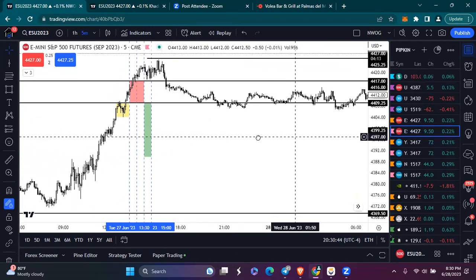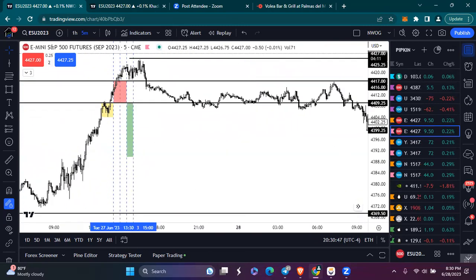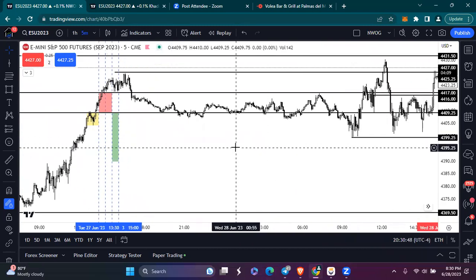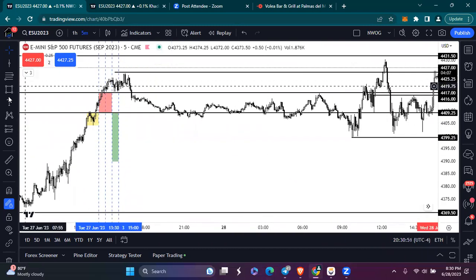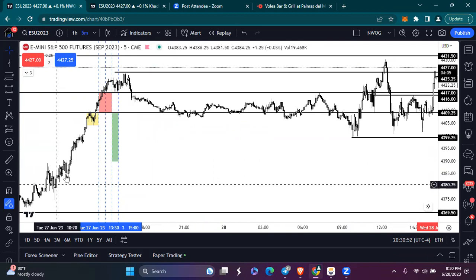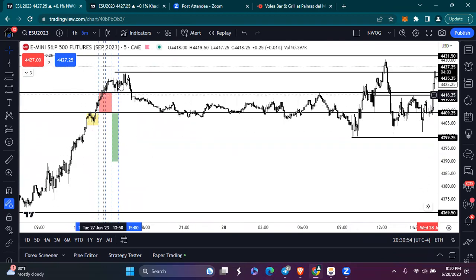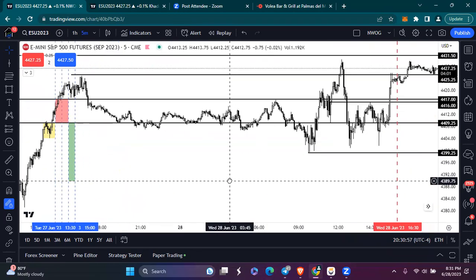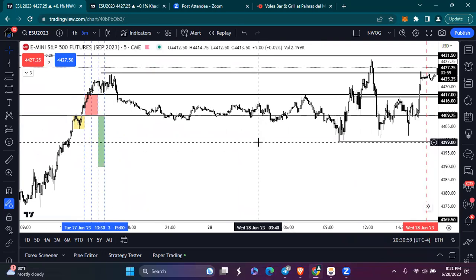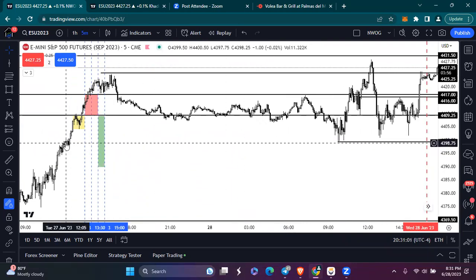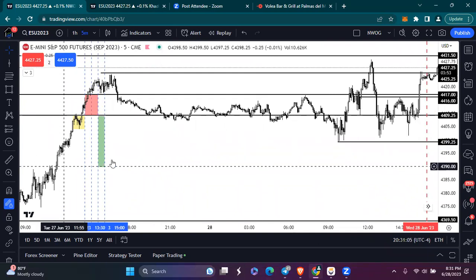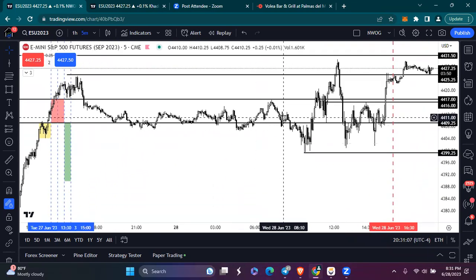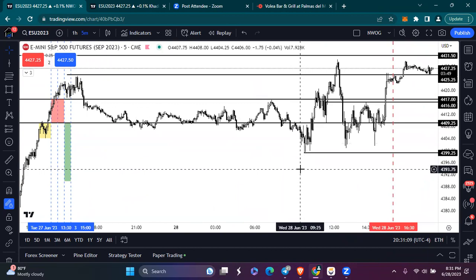I wanted to see her come down to fill in this imbalance we see right here, right? Off of that 2022 model. We got half of that move to this market structure, but we didn't break the rest of it, which is cool.